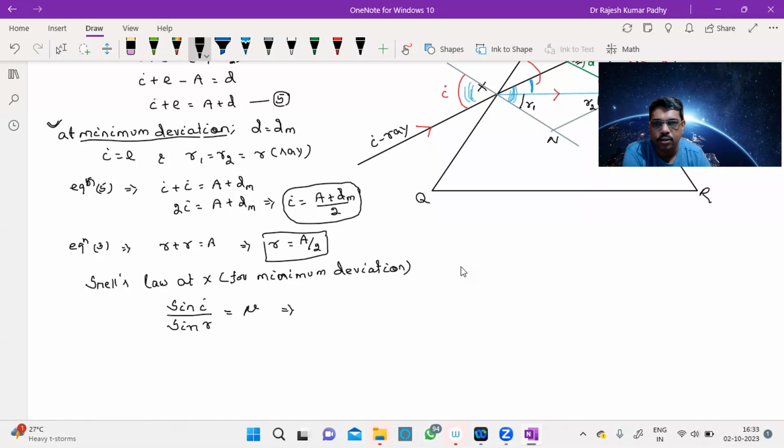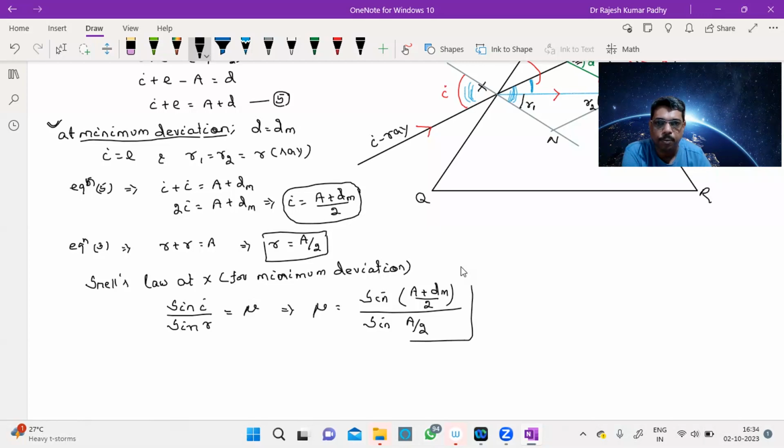Or I can write mu is equal to sine I over sine R. What is the value of I? I equals (A plus Dm) by 2, and R equals A by 2. So mu is equal to sine((A plus Dm) by 2) divided by sine(A by 2).